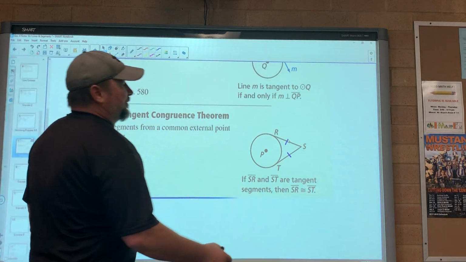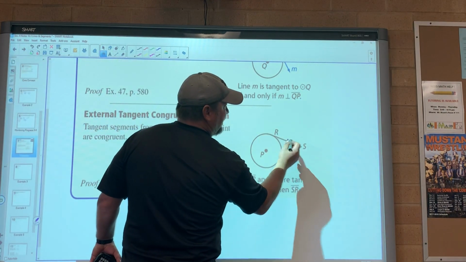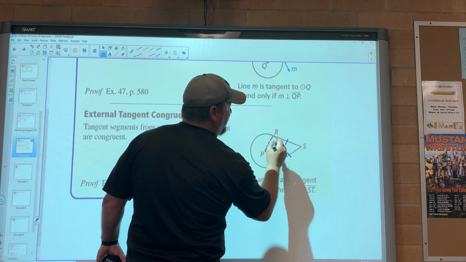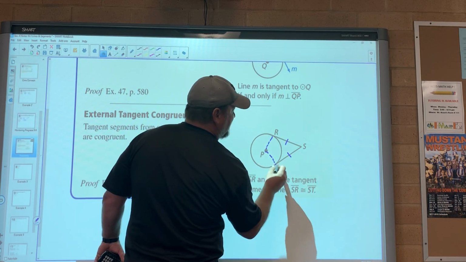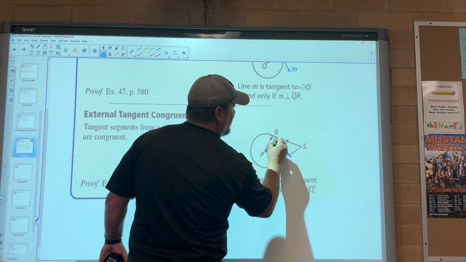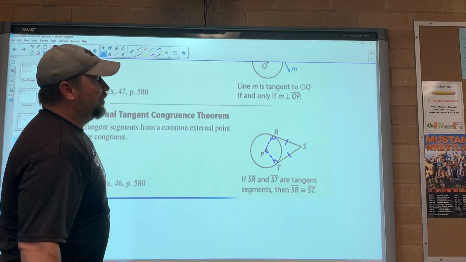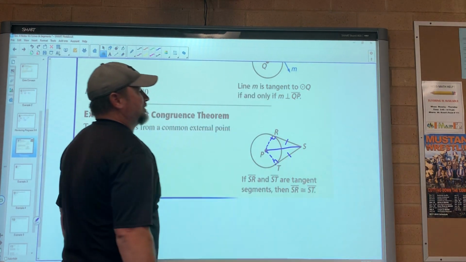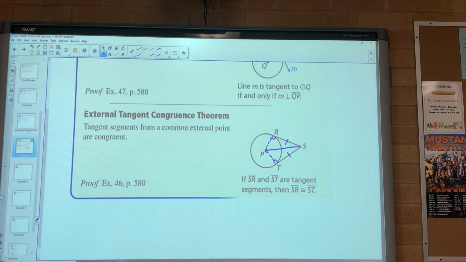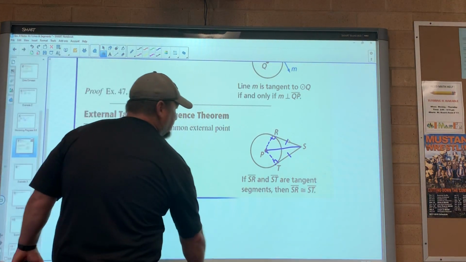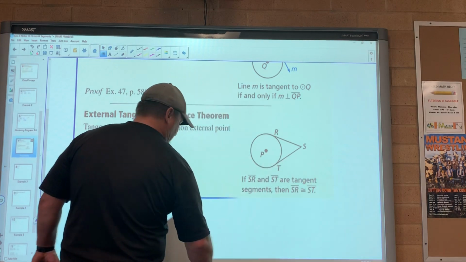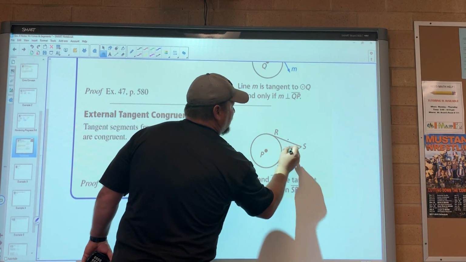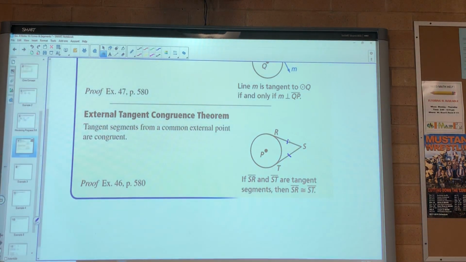Well then, let me tell you something. If those are congruent, and I draw in my radius, then guess what? You end up with two congruent triangles. But the key is, you guys, the key is that this segment will be congruent to that segment, okay?